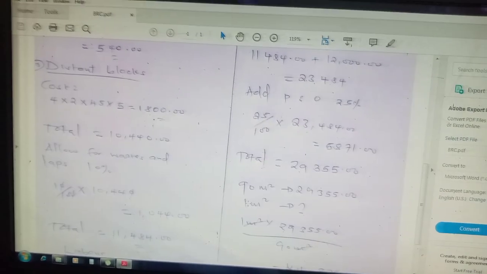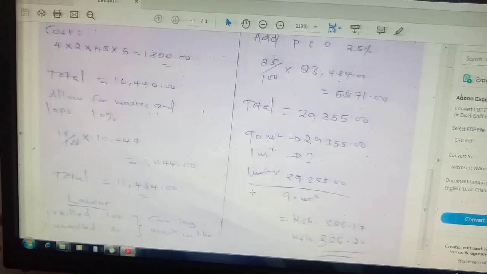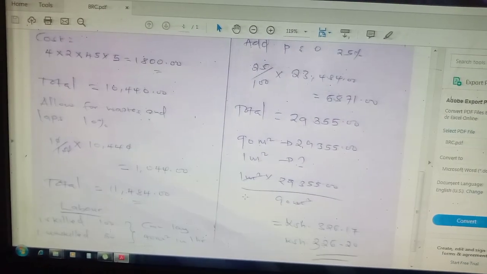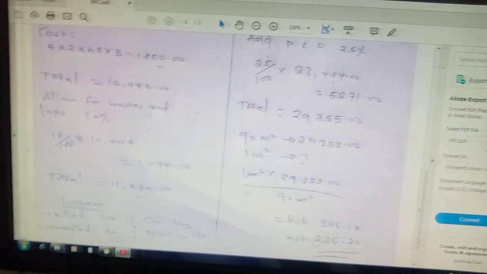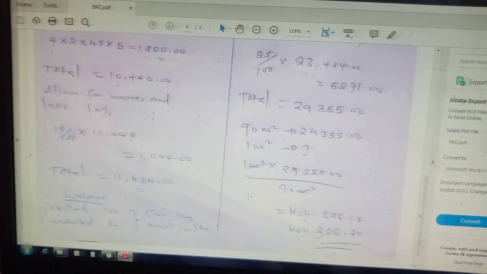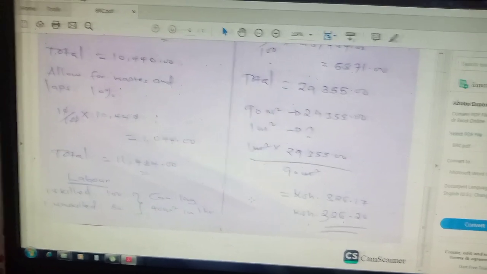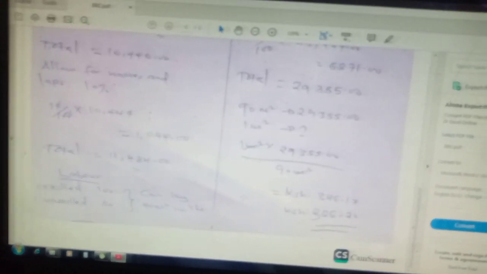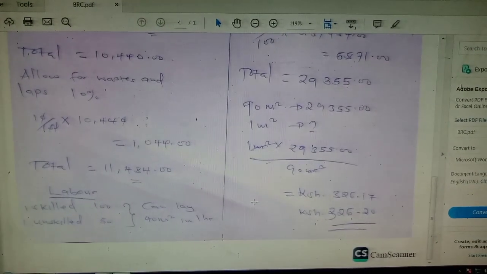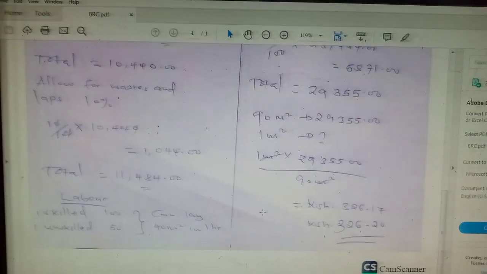So allowance for cutting waste and side and end laps will be 10% of the totals, which was 10,440. 10% of that will be 1,044 shillings. Then the total after the allowance will be 11,484 shillings. Then that is the end of materials.